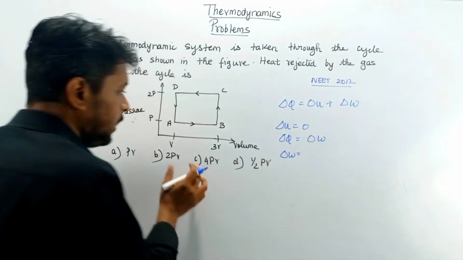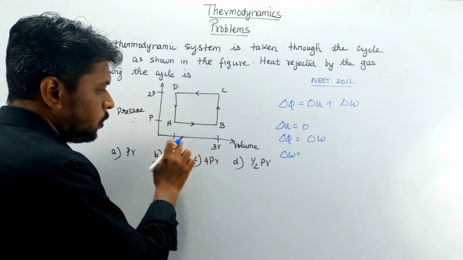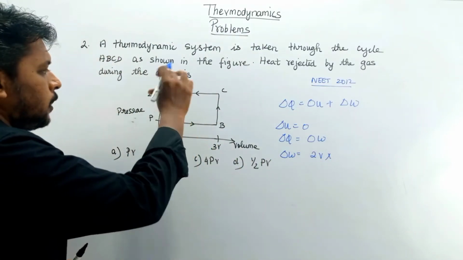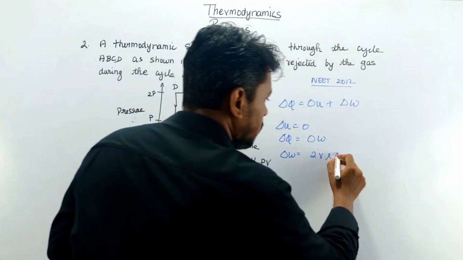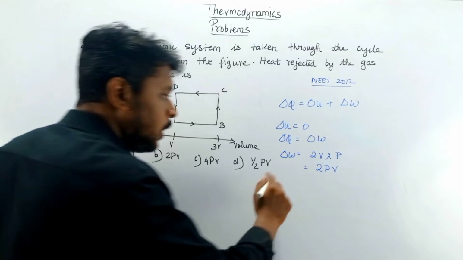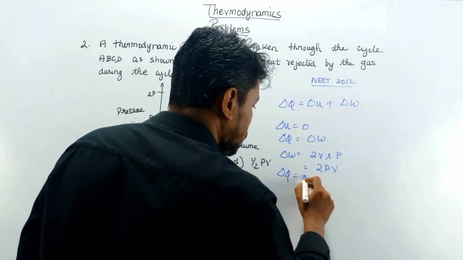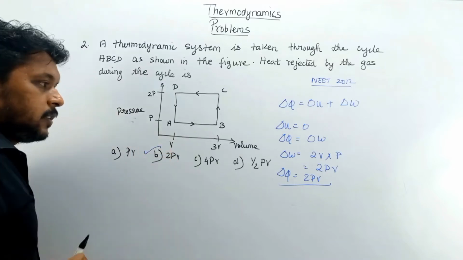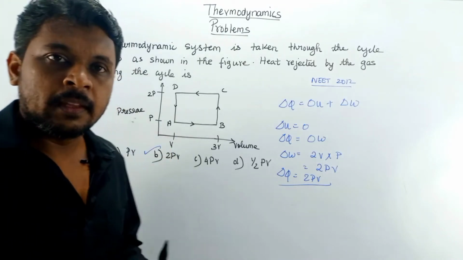The length is 2V and the breadth is P. So delta W is given by 2PV, which is equal to delta Q. So delta Q is equal to 2PV. So option B is the right answer.